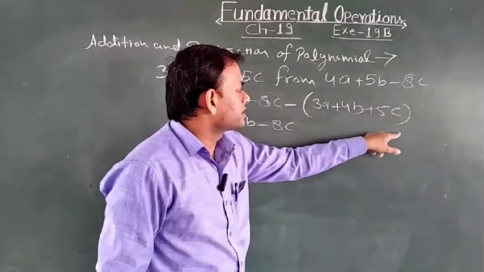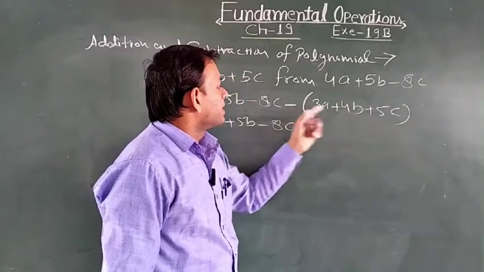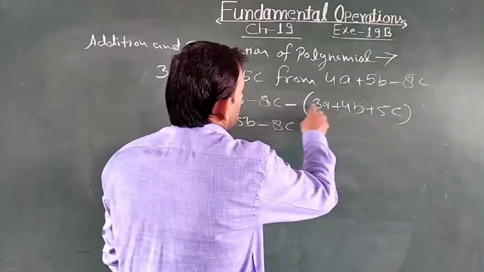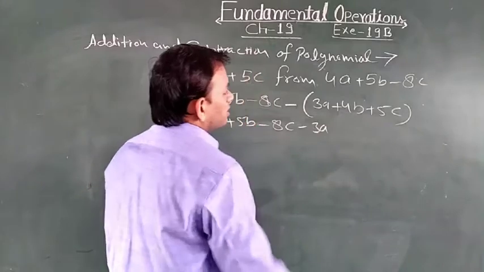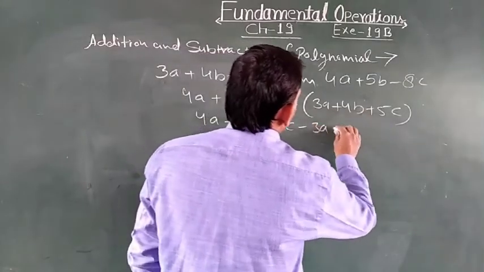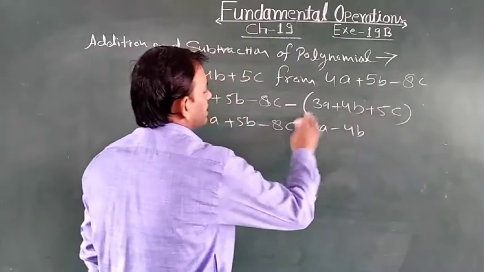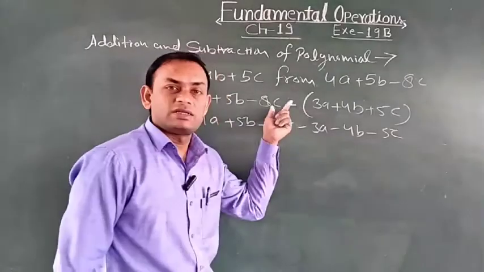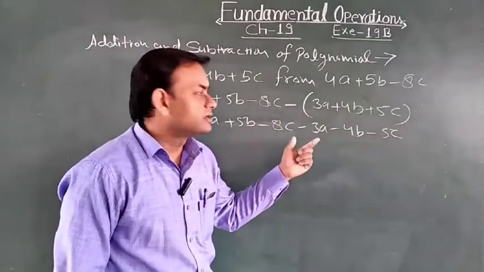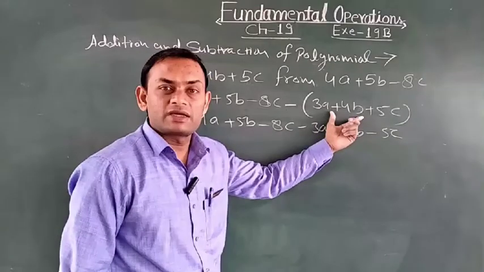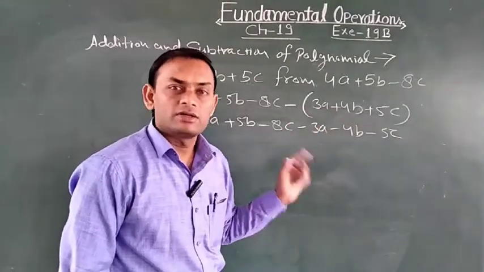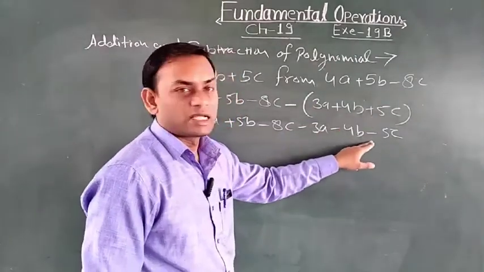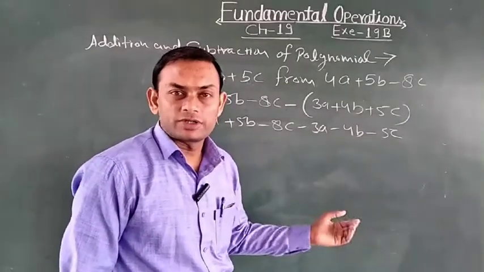So when you open the bracket, plus 3a into minus becomes minus 3a, plus 4b into minus becomes minus 4b, and plus 5c into minus becomes minus 5c. Whenever a minus sign is given outside the bracket, the signs of the polynomial inside the bracket will be changed when you open the bracket. Got it? You can see here, this is plus, here minus, plus minus, plus minus, meaning you have to put the opposite sign.